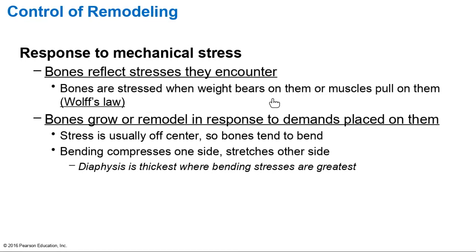What Wolff was trying to explain was that the density of bone basically is going to reflect what kind of stress is placed on them. Whenever there is weight bearing happening on a bone, muscles pull on bones. So what that's going to result in is an increase in the size of muscle attachments, and it's also going to result in an increase in bone deposition.